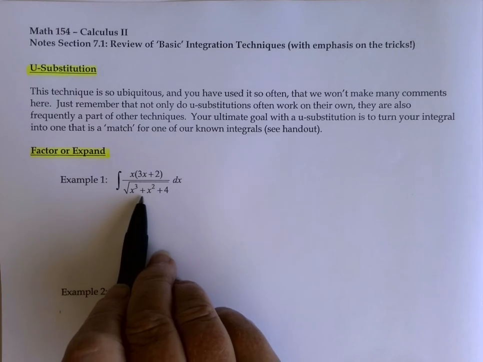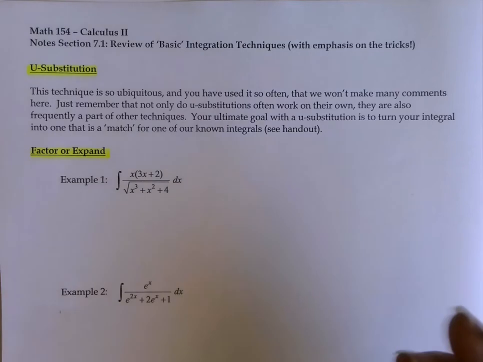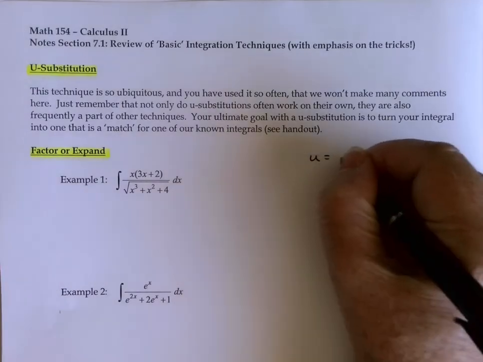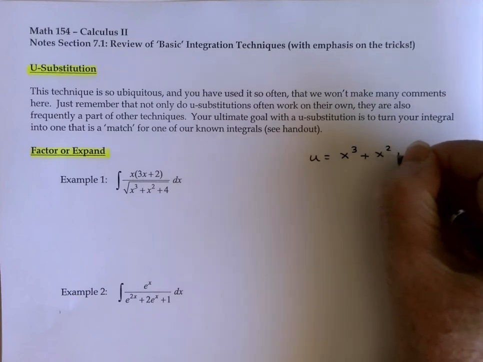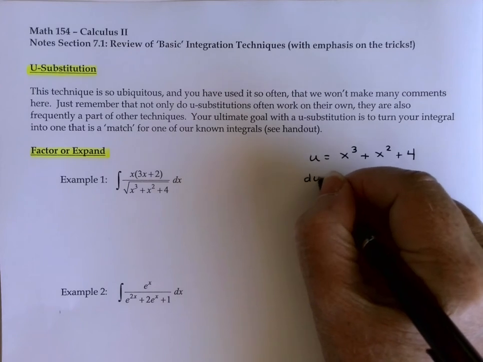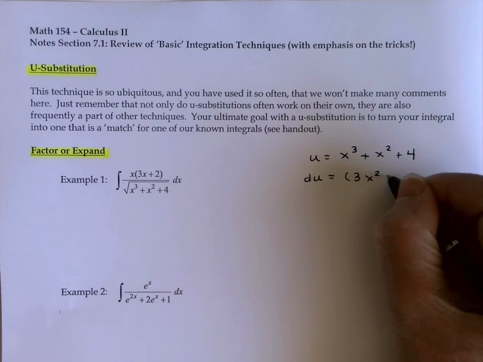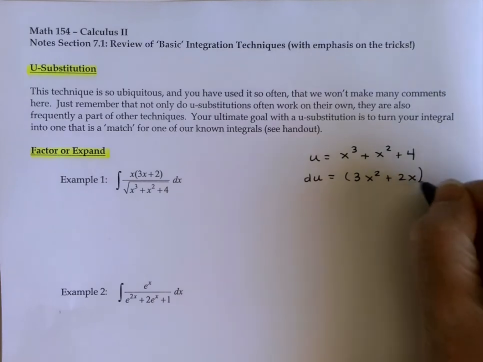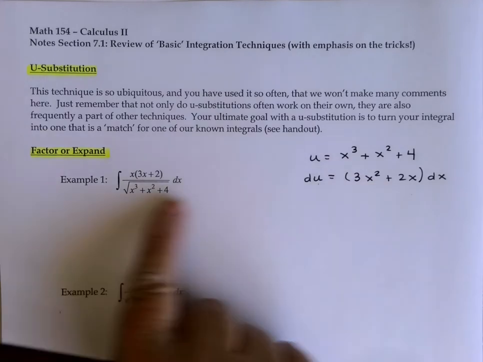In example 1, the typical choice of u would be the inside function, what's under the radical. So if I let u be what's underneath that square root, then du would be 3x squared plus 2x, and the dx I'm just going to bring over here right away. Now, at a very quick casual glance, we might think, hey, we don't have that over here.